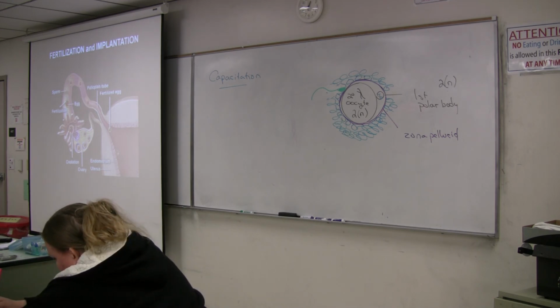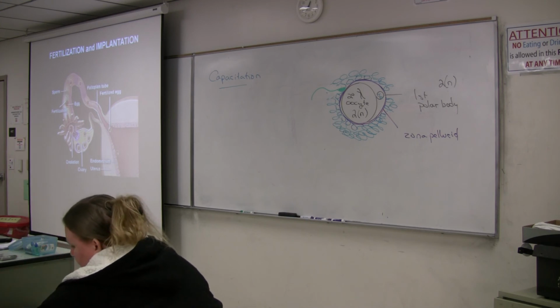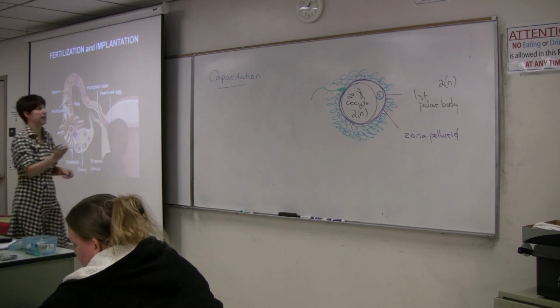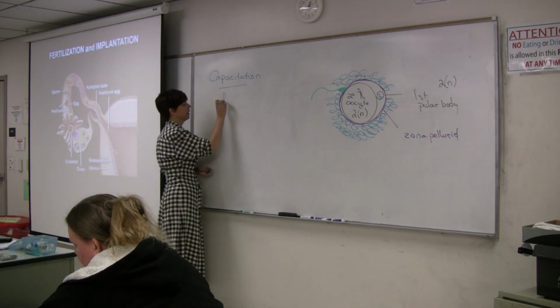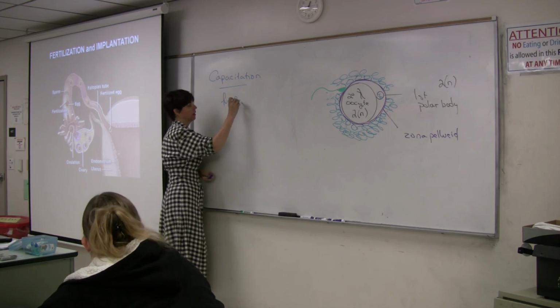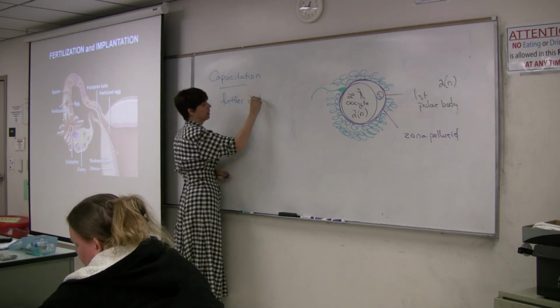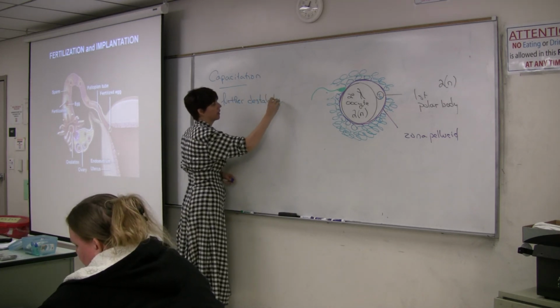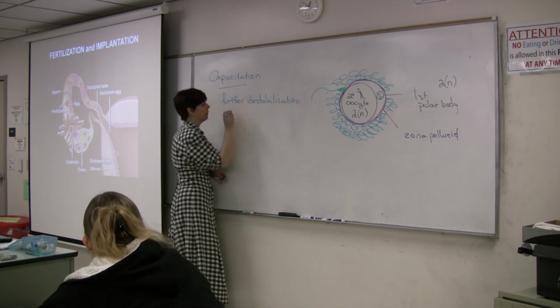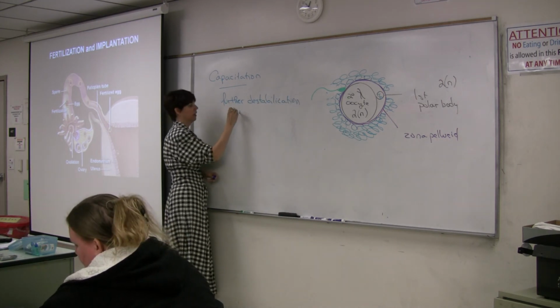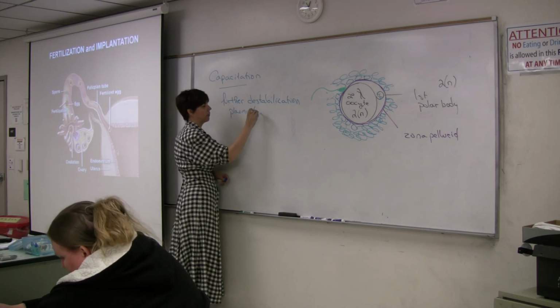All right? Now, it used to be included with capacitation, an increase in the head wiggling, but that's now seen as a separate event. So capacitation is just further destabilization of plasma and acrosomal membranes.